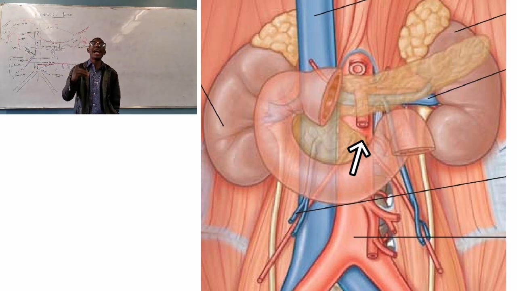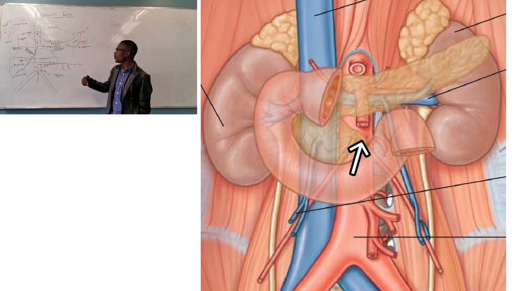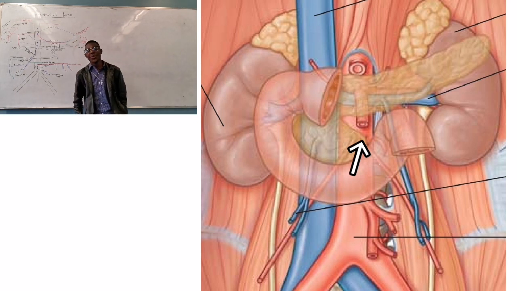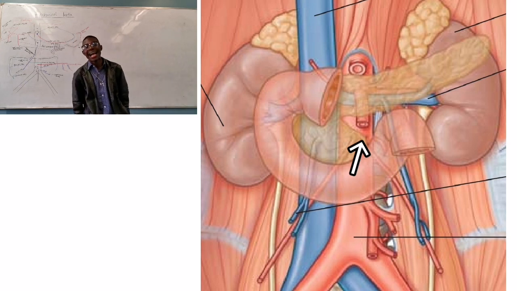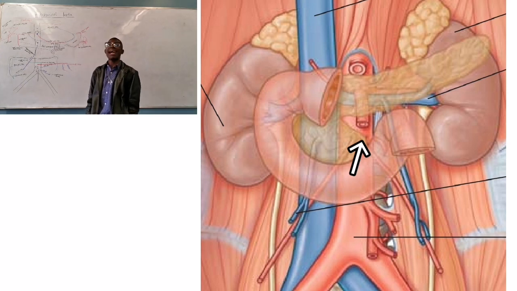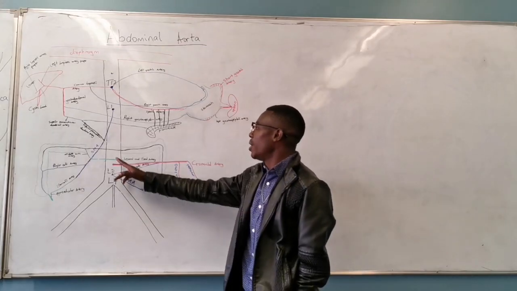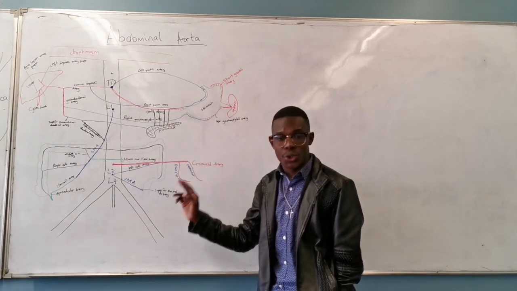The testicular artery is going to move anterior to the ureter, anterior to the external iliac artery, and then it enters the inguinal canal and supplies the epididymis as well as the testis in male. Right. So that is L2.